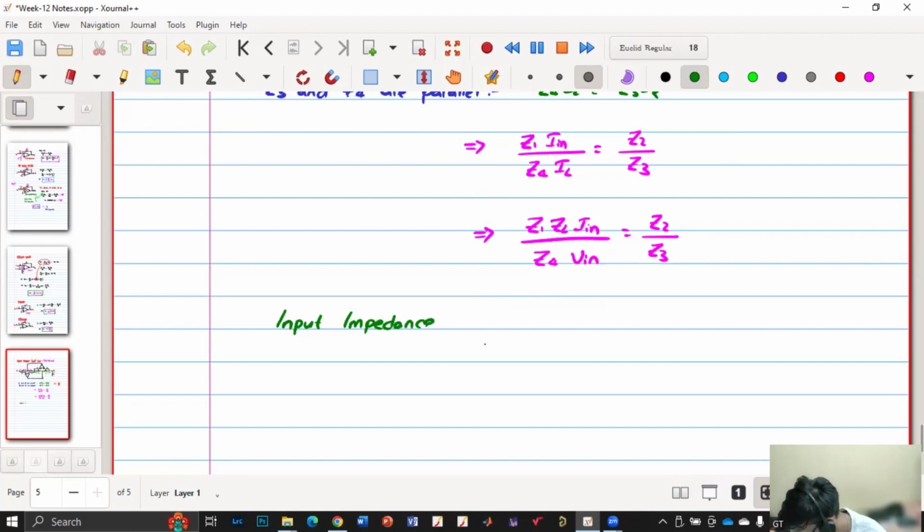Input impedance Zin is equal to V input by I input, and that will come to be V in by I in is Z1 Z3 ZL by Z2 Z4. Agree?